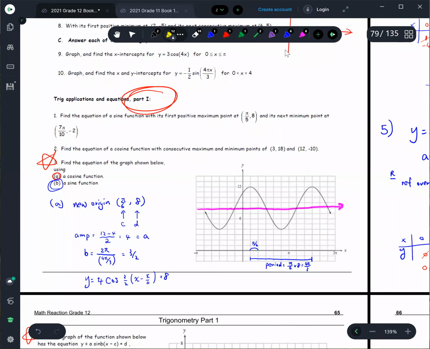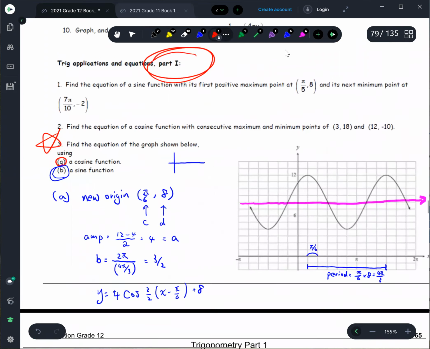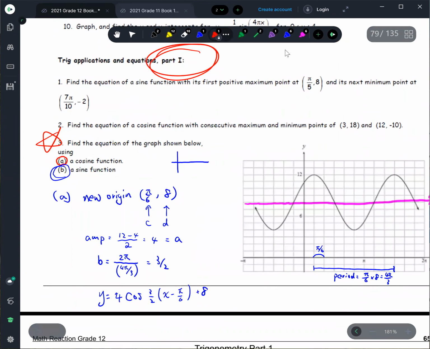Yeah, so if it's a cosine, right? Question 3 has part A and part B. For part A, it wants you to get a cosine. So you need to know what cosine looks like. Cosine starts from where? Does it start from maximum or minimum or middle? I think it's maximum.